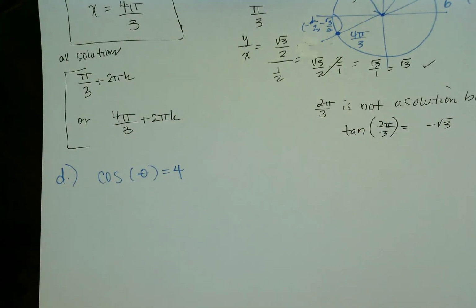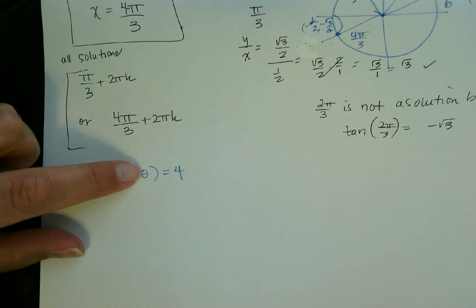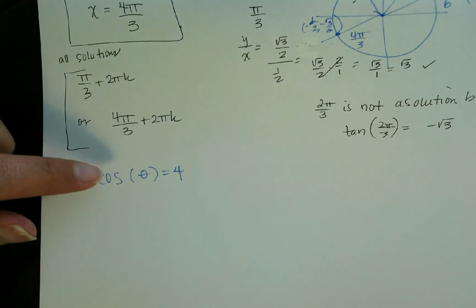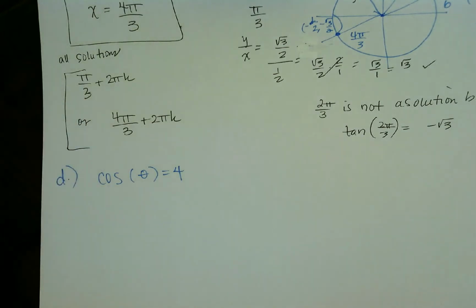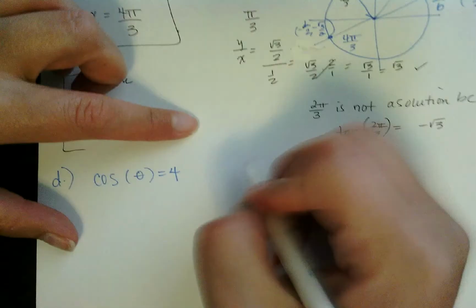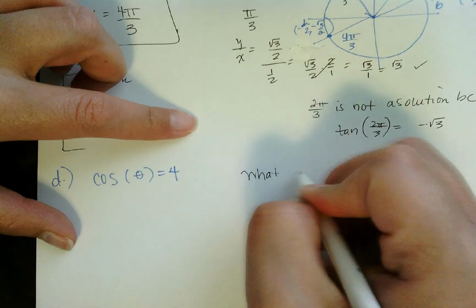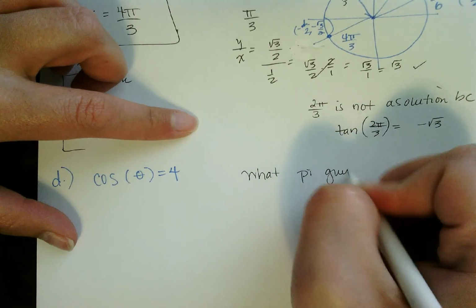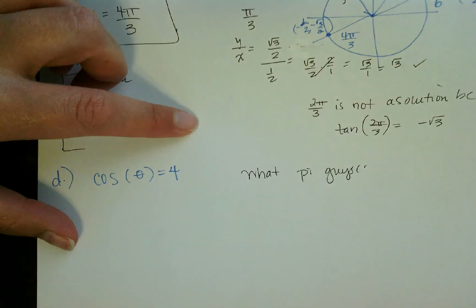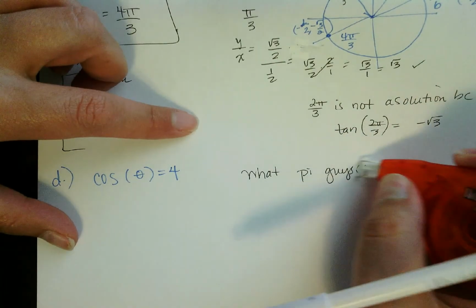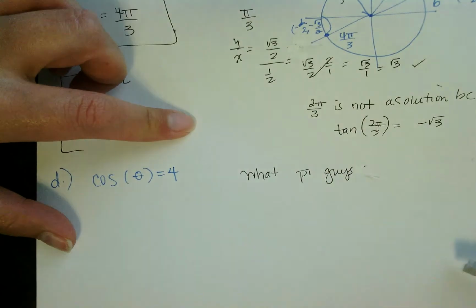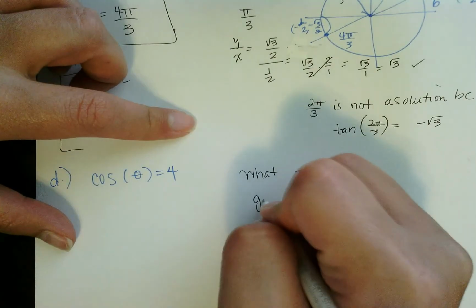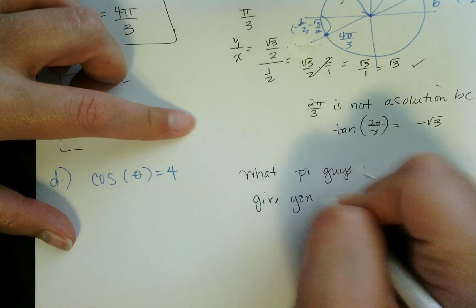A variable just represents any number that makes that a true statement in any equation. So theta, x, y, t, z, doesn't matter. So what pi guy, or guys, give you an x value, which is cosine, of 4.